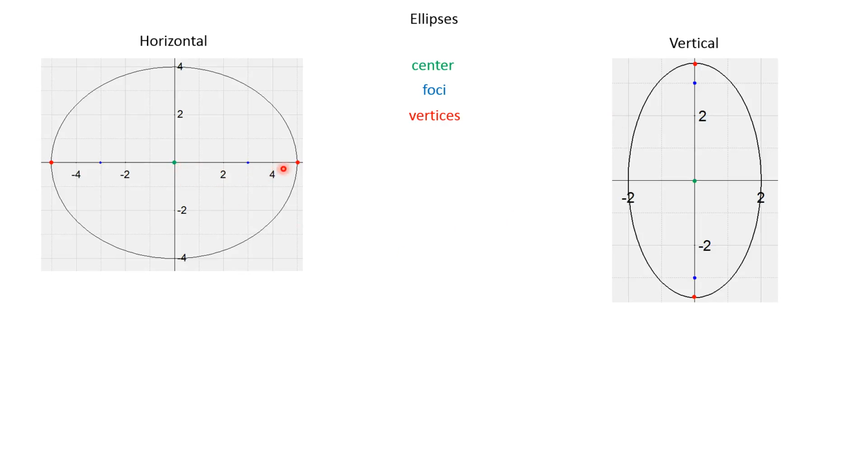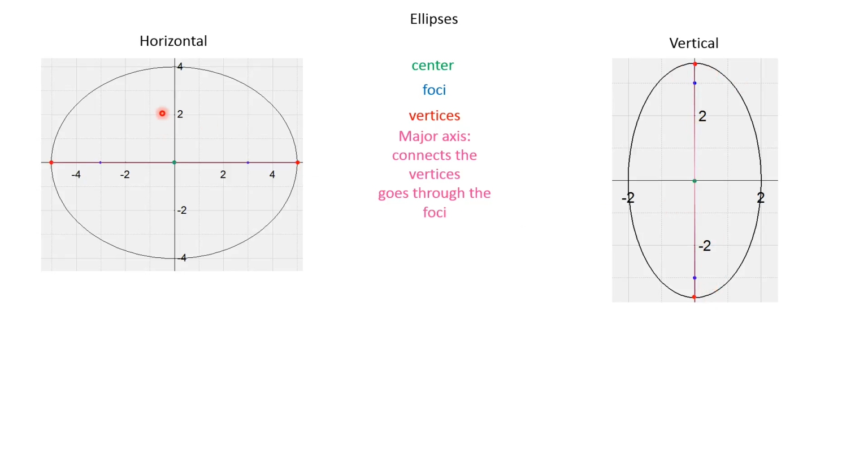And that's just the furthest distance you're going to get away from the center. I put major axis in here. The major axis is the line that connects the two vertices, so it goes through the foci. In a horizontal one, it's horizontal. In a vertical one, it's vertical.